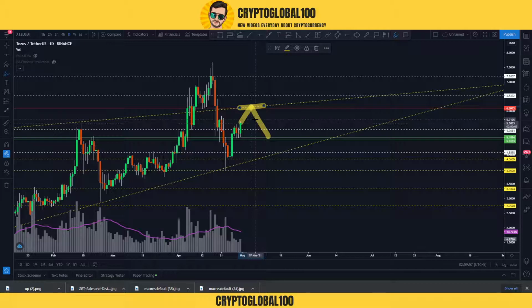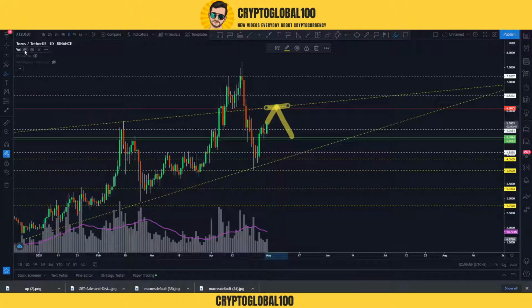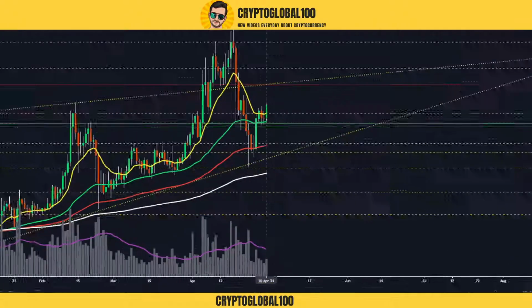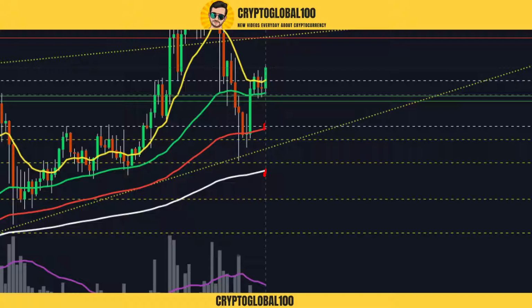This is the current scenario. Let me draw the EMAs: this is the 200 EMA, this is 200, 100, 50, and this one is the 13 EMA. You see how this 100 EMA shows the trend, and it has been rejected from this area, showing that the price is in the uptrend.